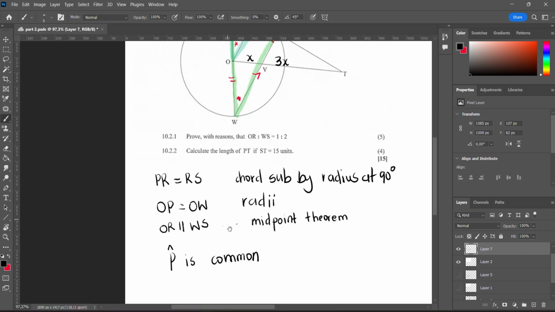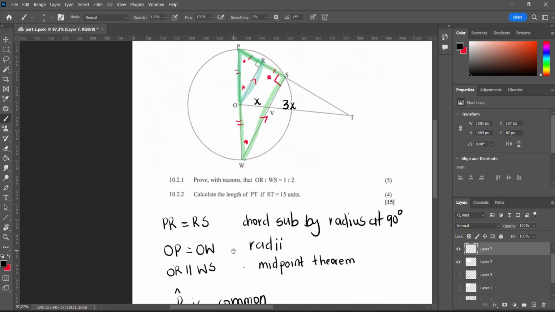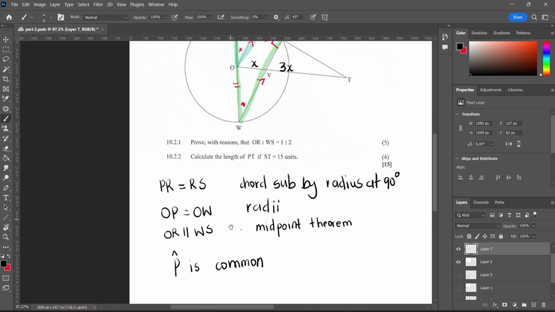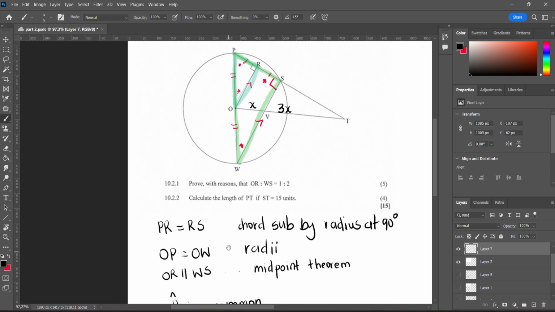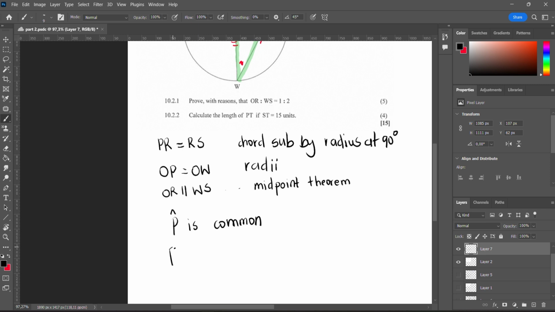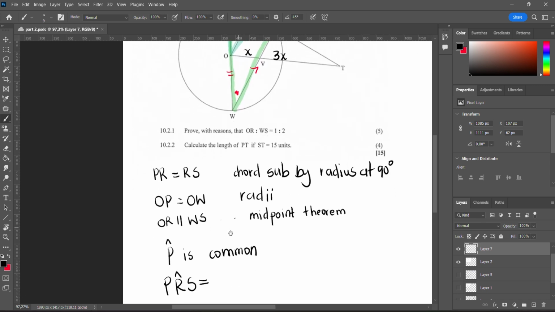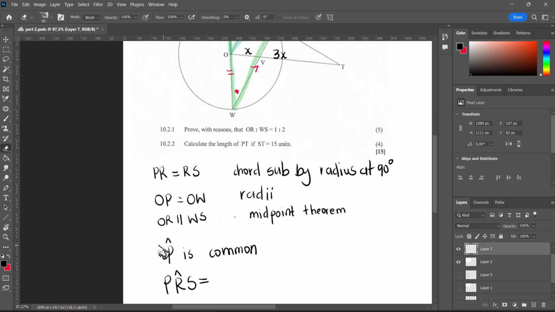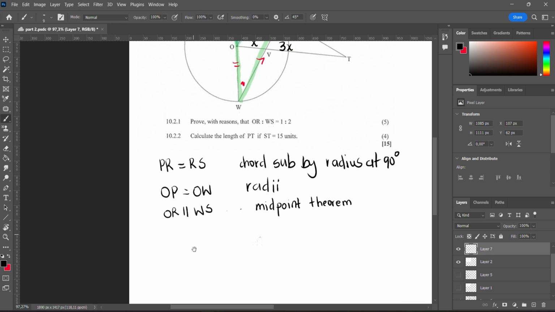So black is the important one. P is common. Angle PRS is equal to, okay, we didn't state that angle, so before we do this we need to state why the other angle is 90 degrees.